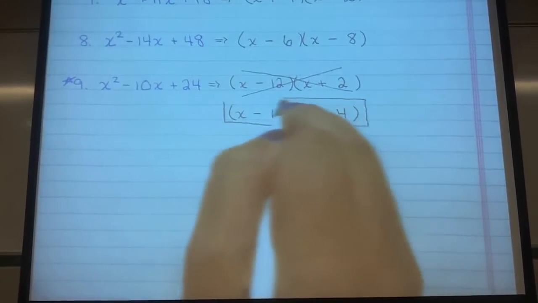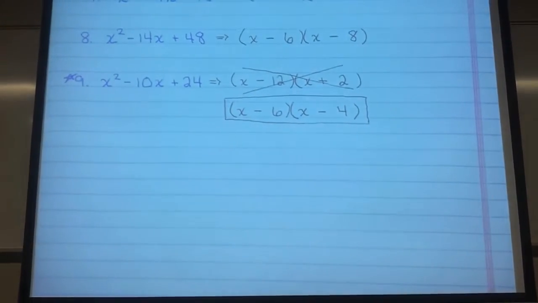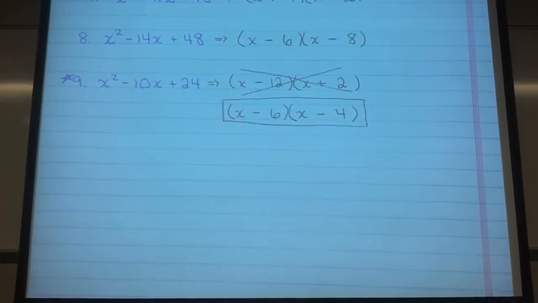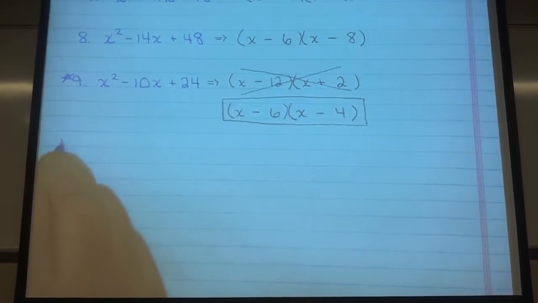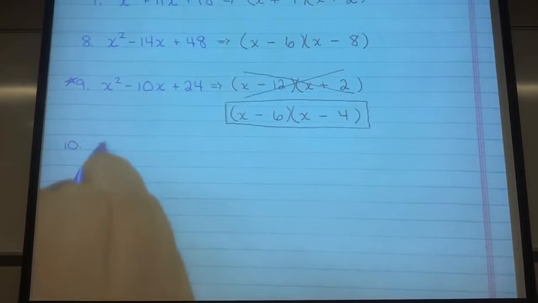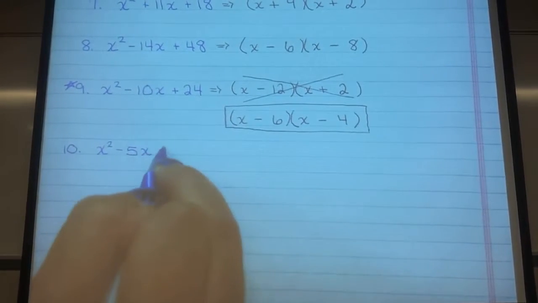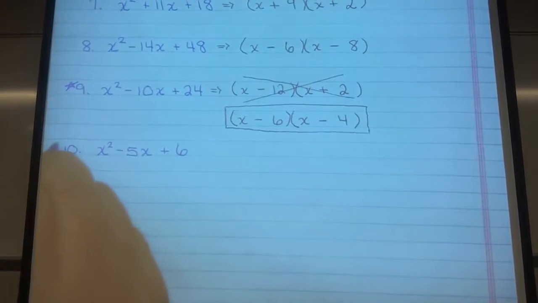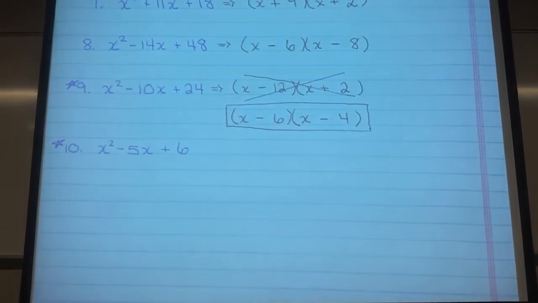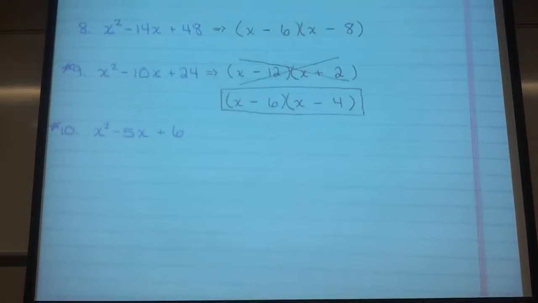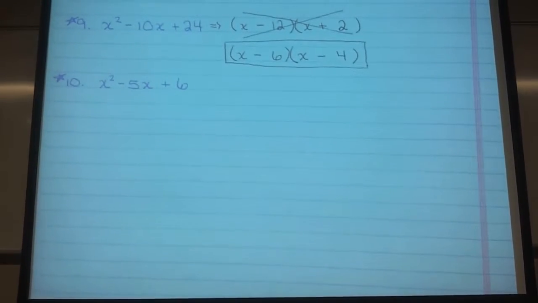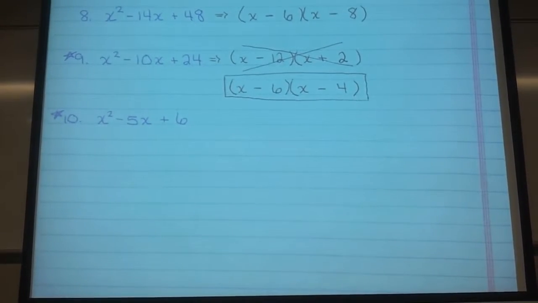Those are the only two I've seen that are very tricky with numbers like that. The other one that's a little tricky is this one. See if you can try that one, because there are two sets of numbers that work. You've just got to figure out with the signs which one it is.